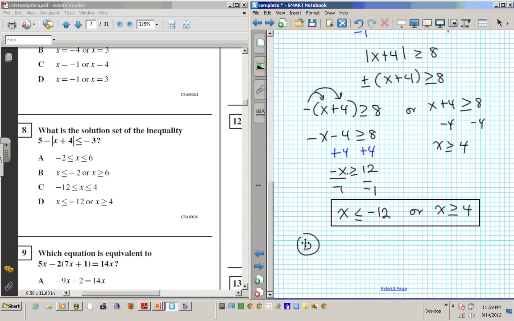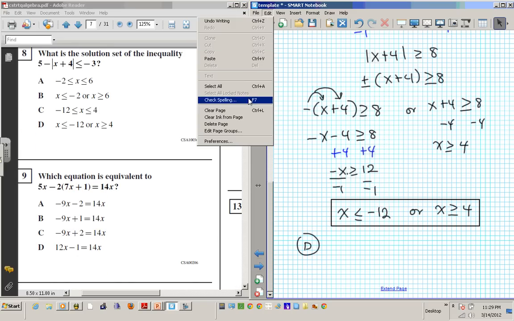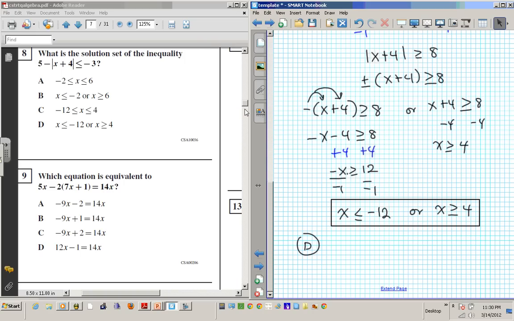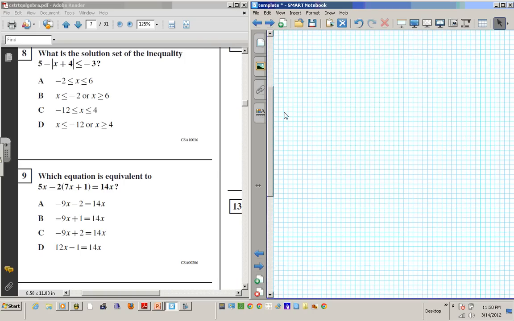Alright, moving along to number 9. It says, which is equivalent to 5x minus 2 times the quantity 7x plus 1 equals 14x. If you look at the options, we don't have to solve it all the way, right? We just have to distribute and simplify the left side because the right side is unchanged.